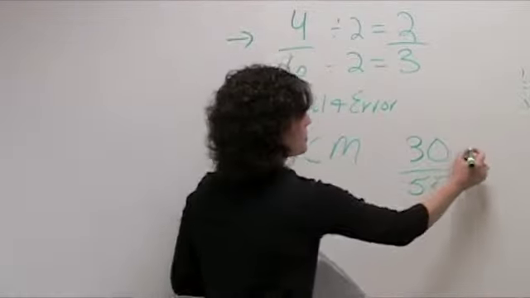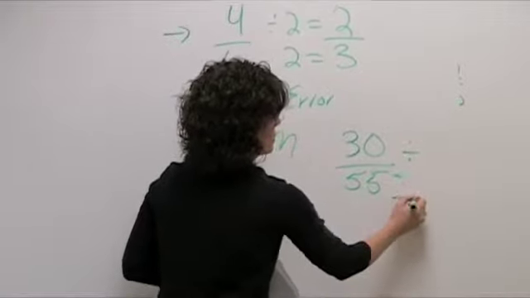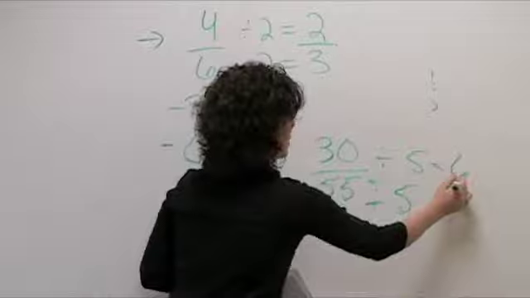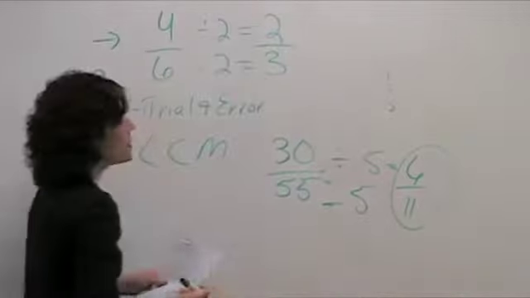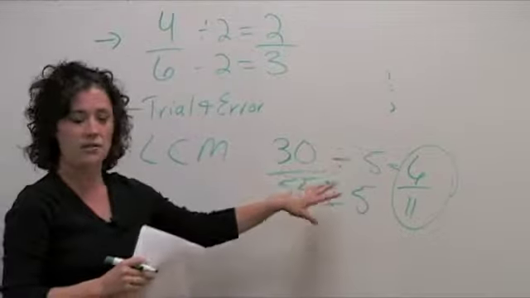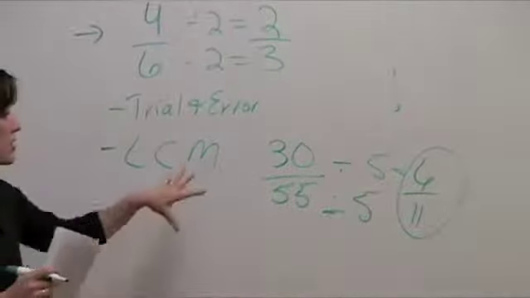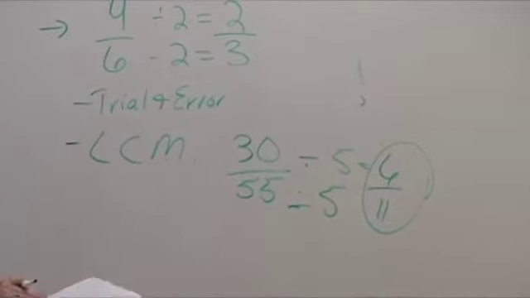Let me try 5. Let me divide both of these by 5, and 5 can go into 30 6 times, 5 can go into 55 11 times. So I can reduce this by dividing both the top and the bottom by 5, and I can reduce this to 6/11. So how did I figure that? Well, I just went through some scenarios and guessed some numbers.